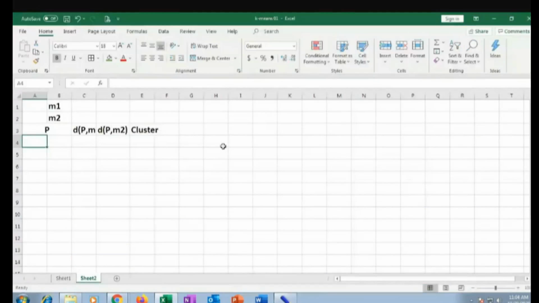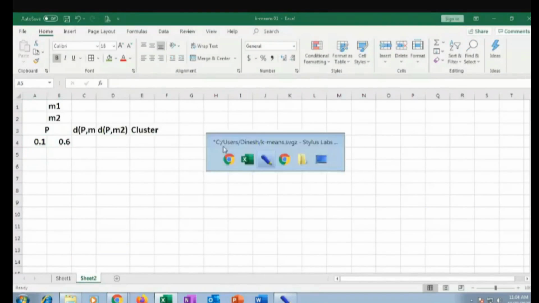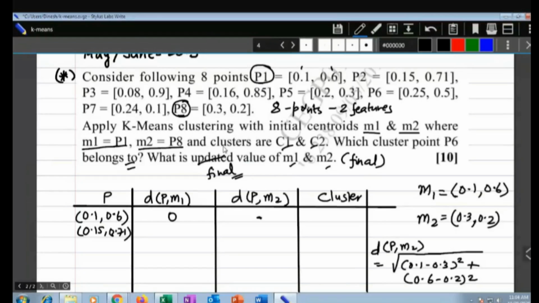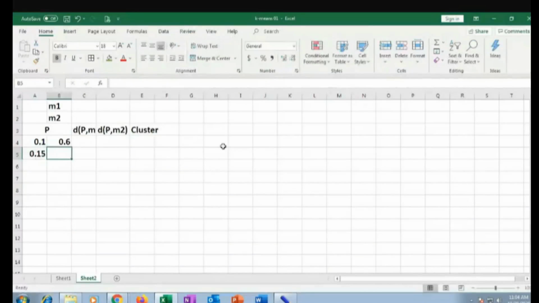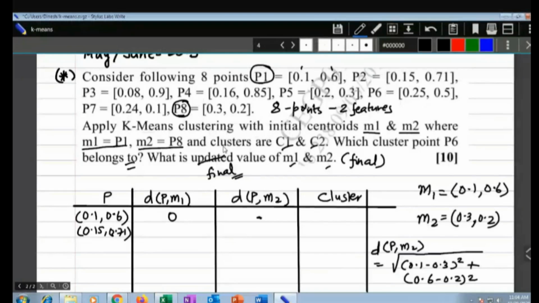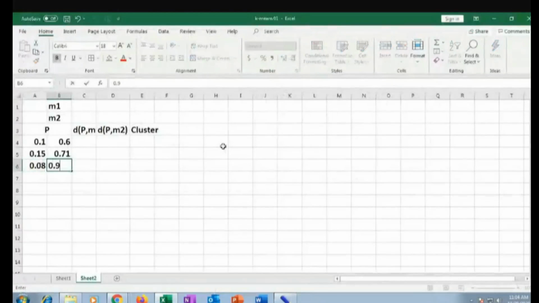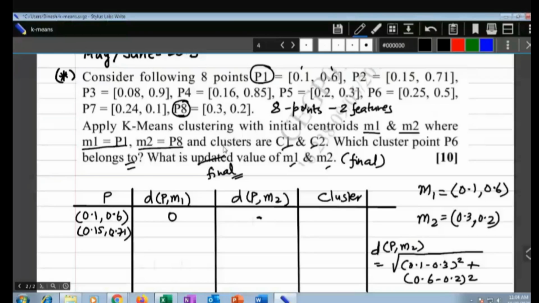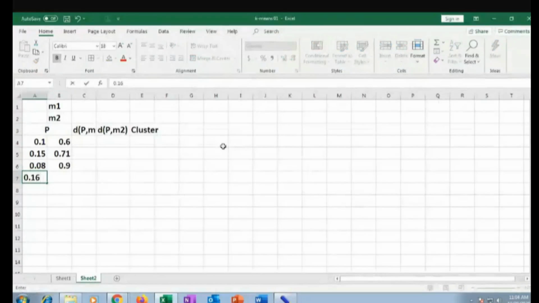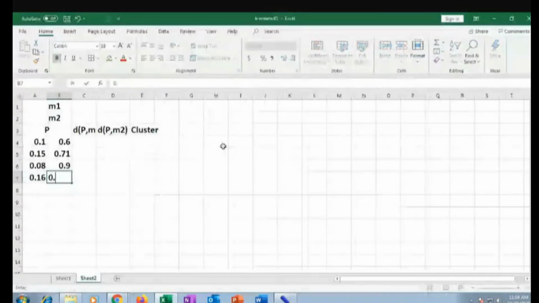0.1 and 0.6. This is 0.15, 0.71. Then 0.08 and 0.9, 0.16 and 0.85.